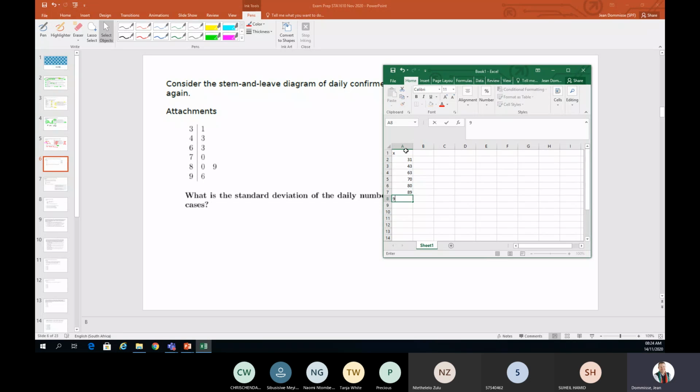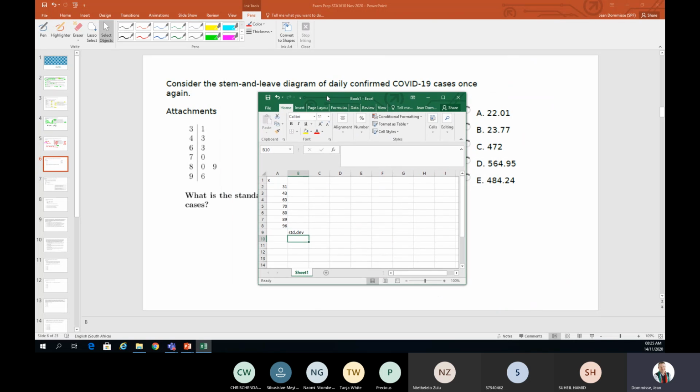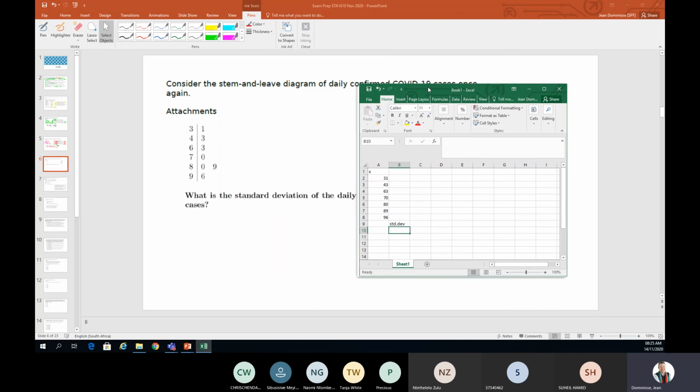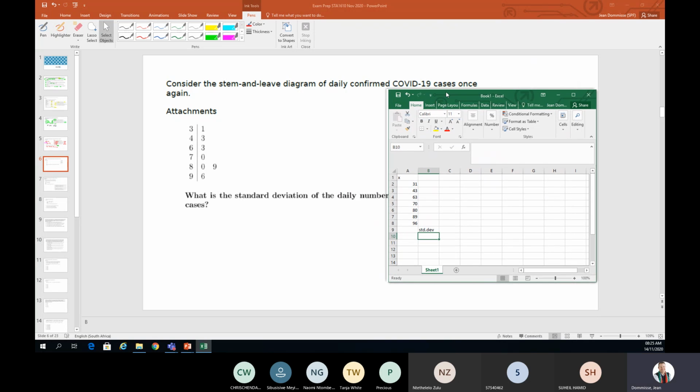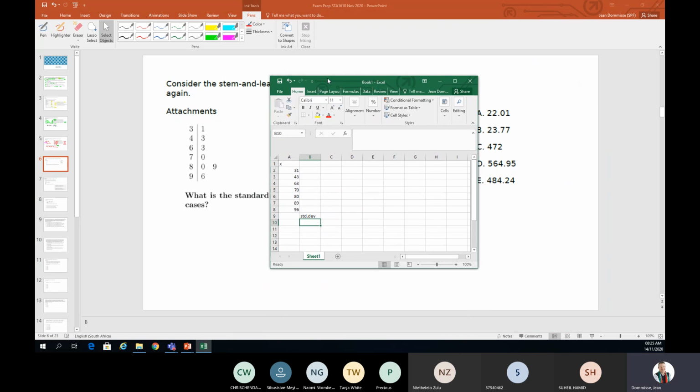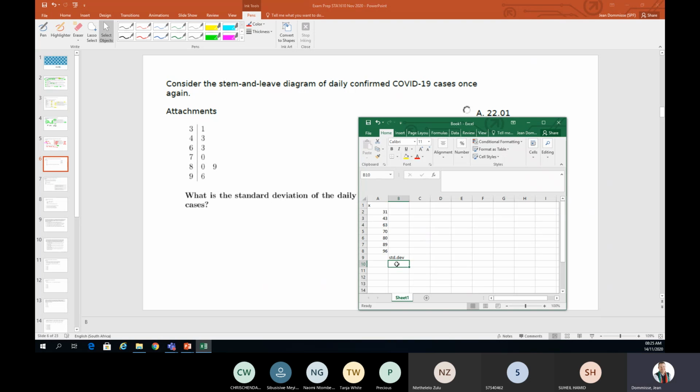So I just need to make sure, and I will send this to the group now as well, so that you at least can work with it in the exam. Okay, so let's just quickly do the standard deviation of a daily number of confirmed cases.